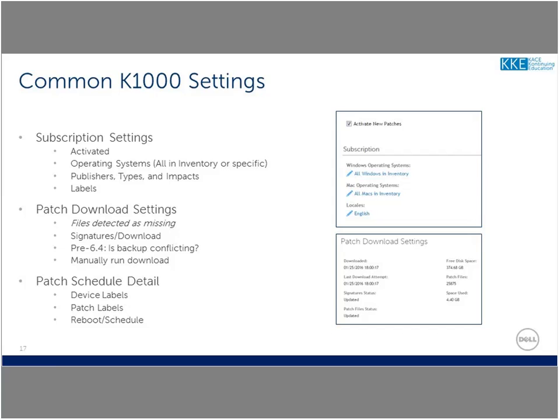So if you are not automatically activating new patches by checking the box you see in the top right-hand screenshot, you are responsible for going and finding every single patch in the catalog, and there are tens of thousands of them. You are responsible for finding all the ones you need and making them active manually. Okay? So check the box.